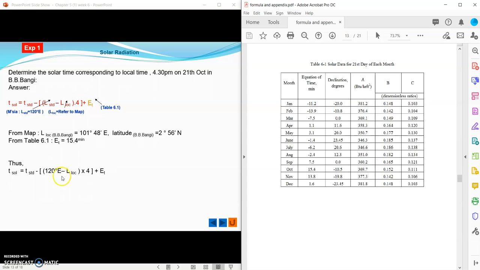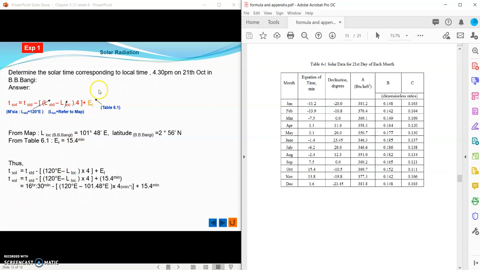If not, you will not get the correct answer. T solar equals T standard minus (120 degree east minus L location) times 4, plus ET, which is 15.4.